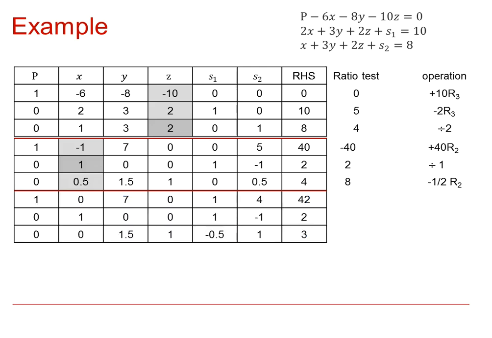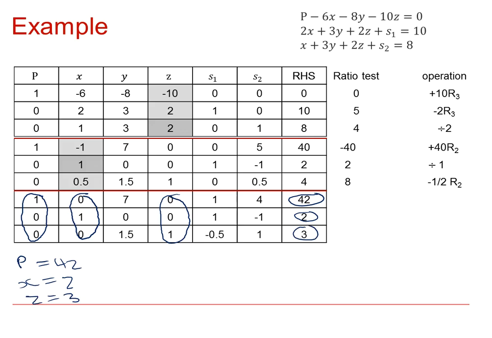So we can tell which are the values because of those being the columns with the 1, 0, 0, which we then read off here. P is 42. 0, 1, 0, which we read off here, giving us x equals 2. And the 0, 0, 1, giving us z equals 3.